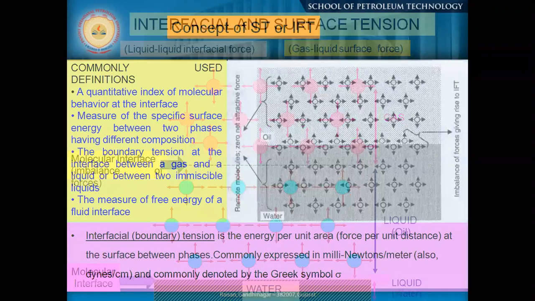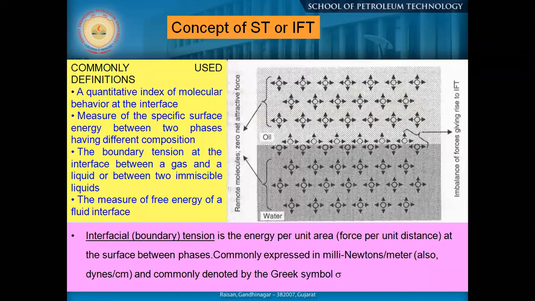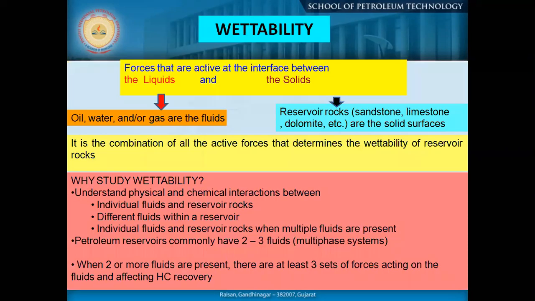I'm not going into interfacial tension now, because interfacial tension is between two fluids, or surface tension, either gas to liquid or liquid to liquid. This is important particularly when we are dealing with EOR, when we are trying to produce more. Wettability is important particularly when we are dealing with the production part.